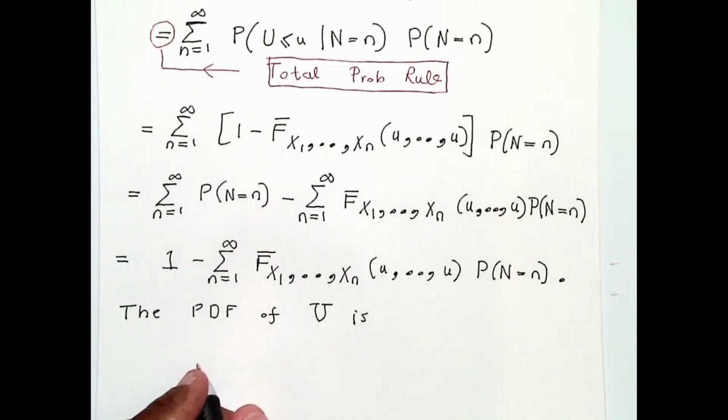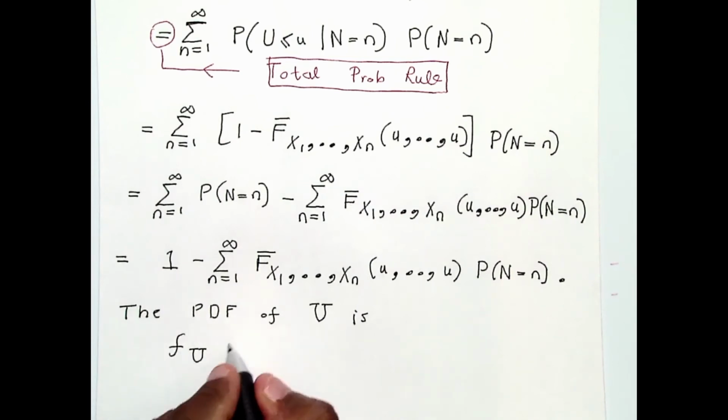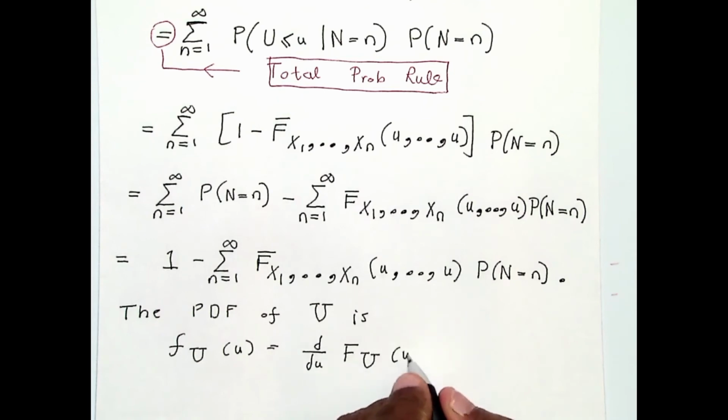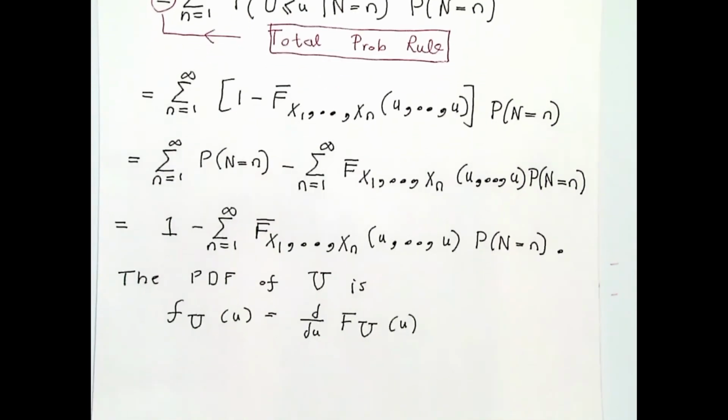And the next thing is the PDF of U. So you just differentiate the CDF with respect to u, which is the derivative of this with respect to u.